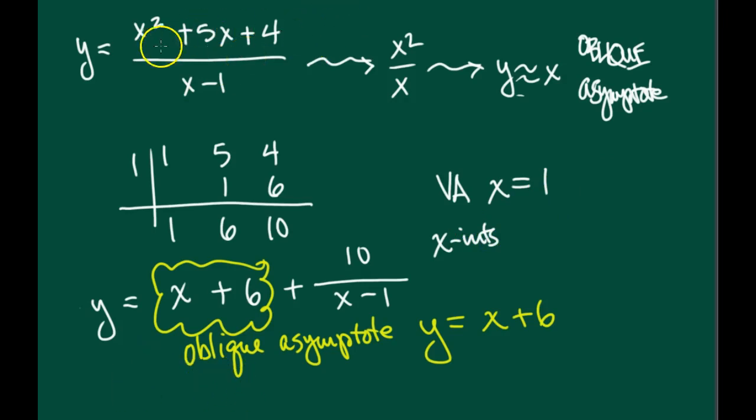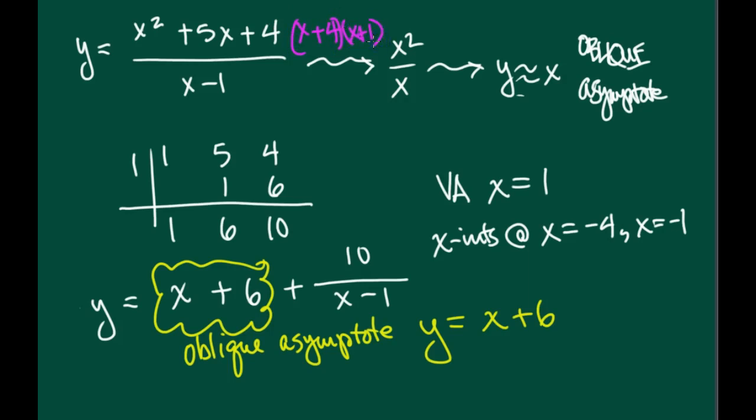So we still need to factor. That's x plus 4 times x plus 1. So we have x equals negative 4 and x equals negative 1.